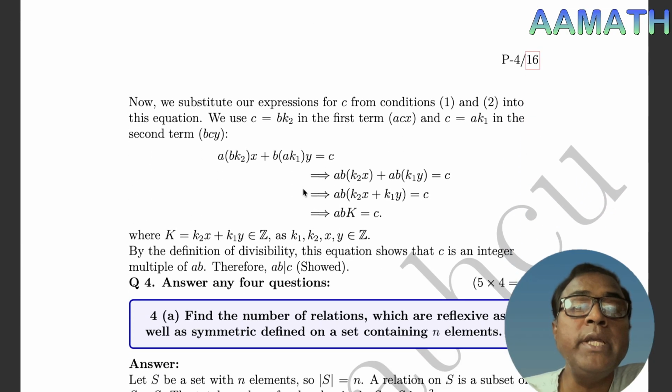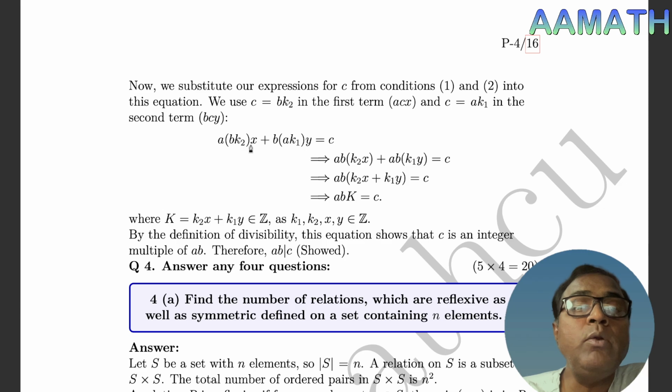So we get a(b k2)x plus b(a k1)y equal to c. Taking common ab, we get ab(k2 x plus k1 y) equal to c. Say this capital K, k2 x plus k1 y equal to capital K, belongs to the set of all integers, because k1, k2, x and y are all integers.